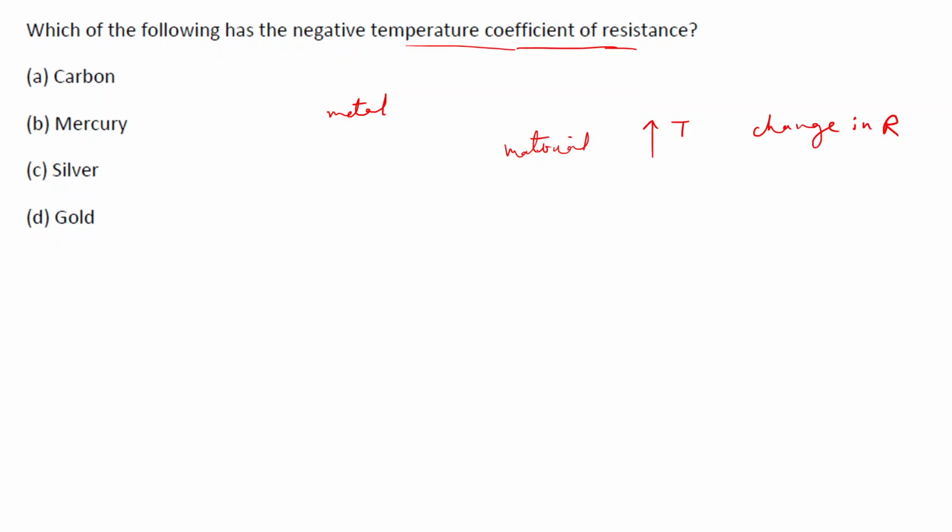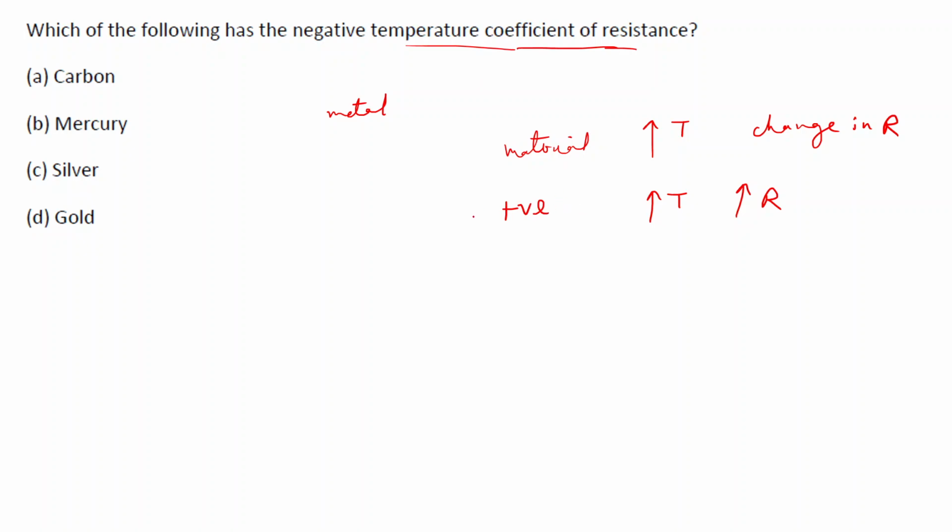If, for example, with the increase in temperature the resistance is also increasing, then it is called positive temperature coefficient of resistance.